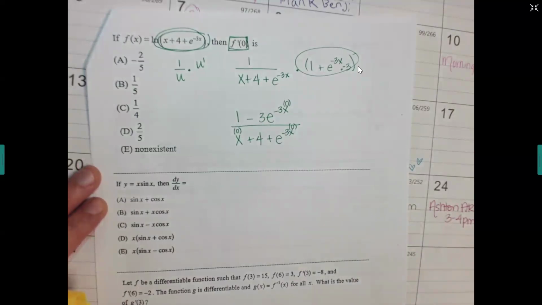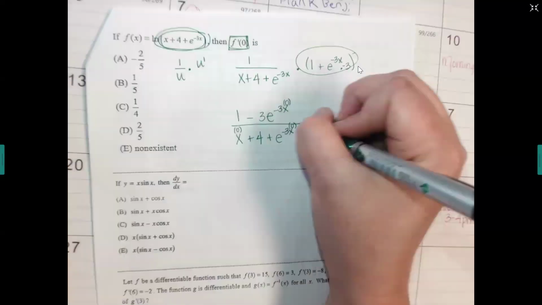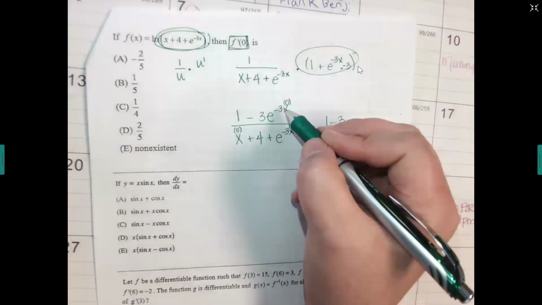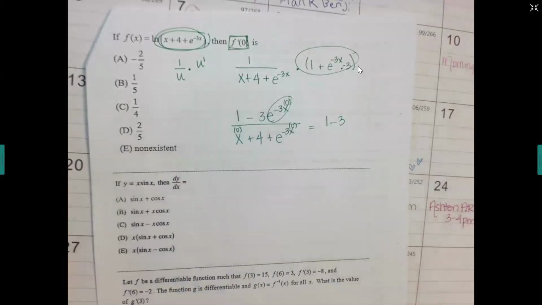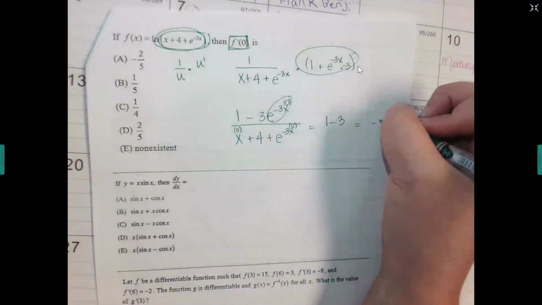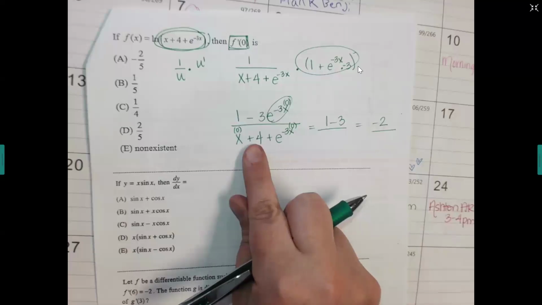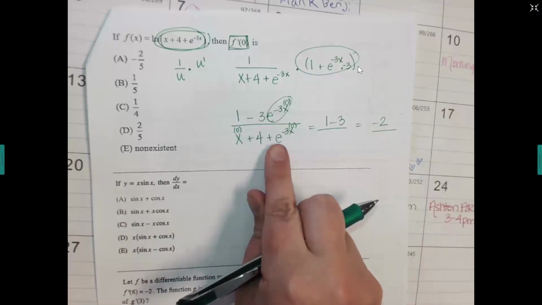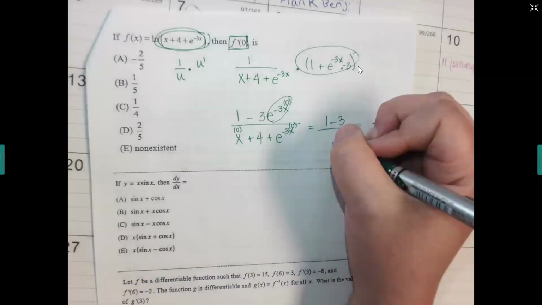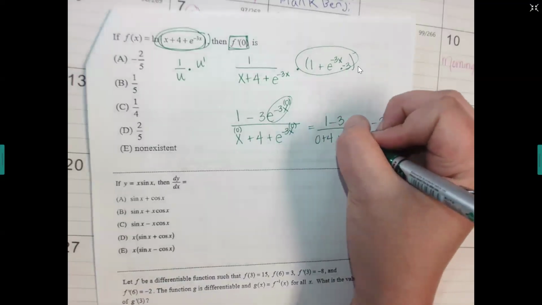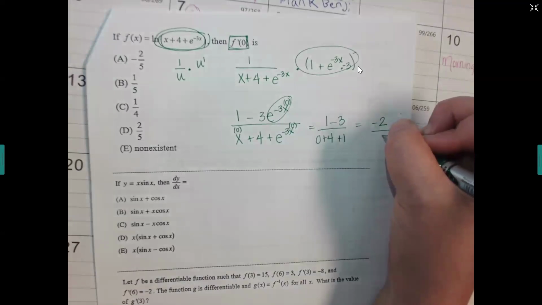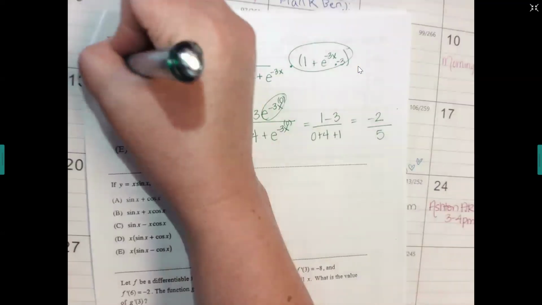No. So it'd be 1 minus 3. What's e to the 0? So just don't even put it. 1 minus 3 is a negative 2. Okay, then on bottom, this is 0 plus 4 is 4. And then plus e to the 0 would be 1. And we're adding that 1. So 4 plus 1 would be 5. So it'd be negative 2/5.